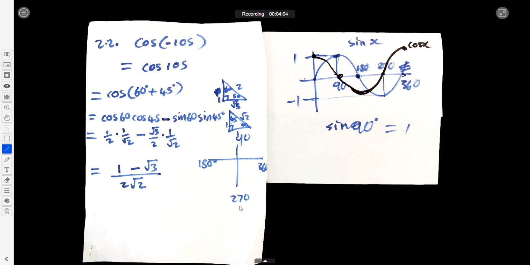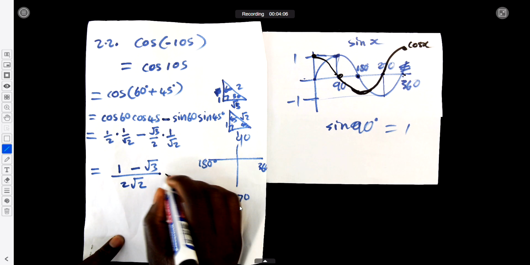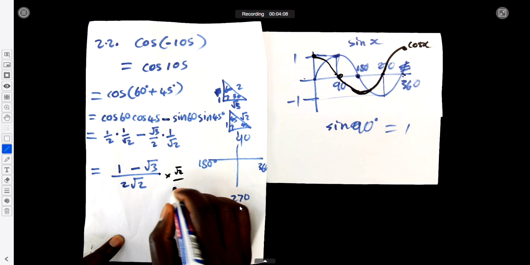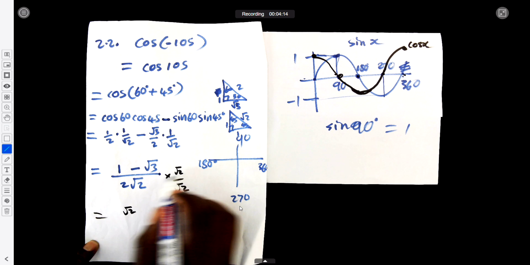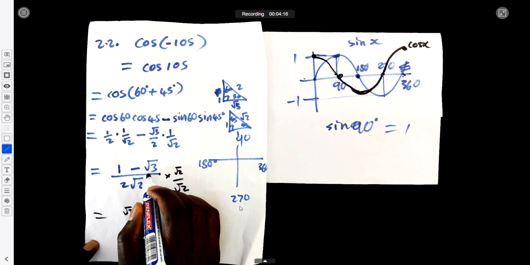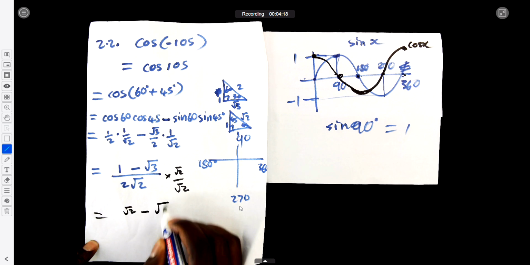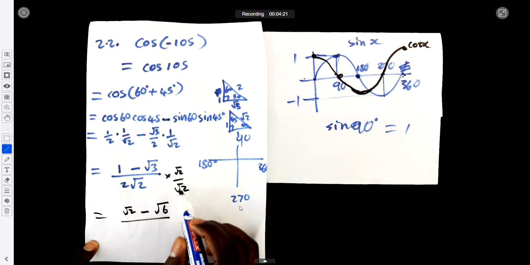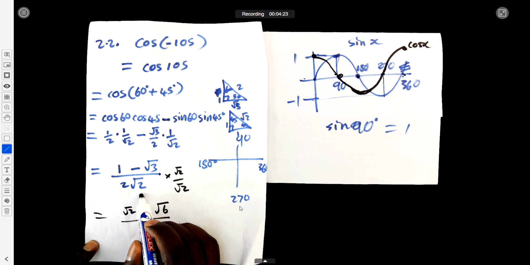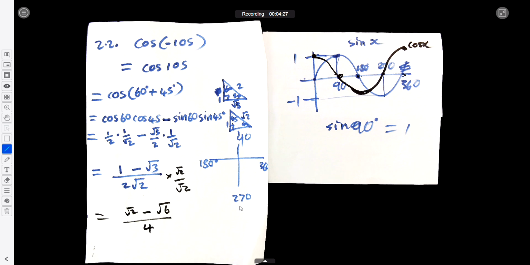You're going to multiply by √2/√2, which gives √2 minus √2 times √3, which is √6. Then all divided by √2 times √2, which is 2 times 2, it will be 4. So that will be your answer.